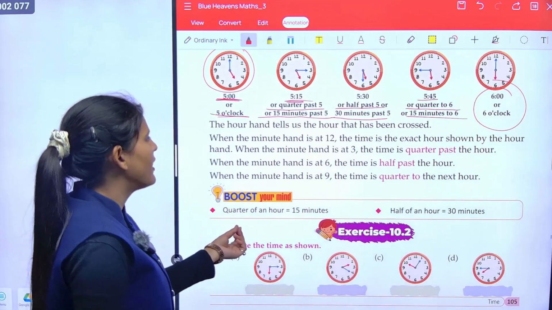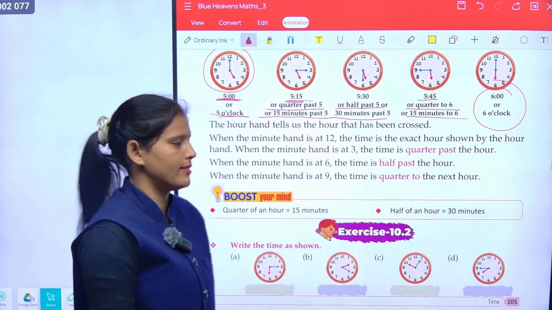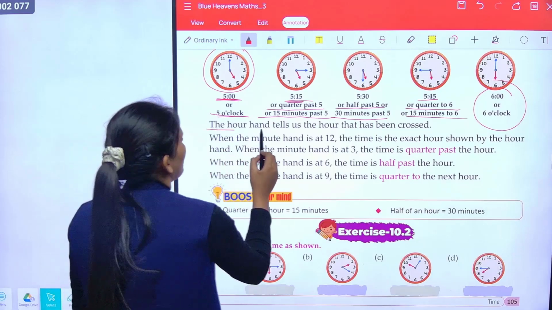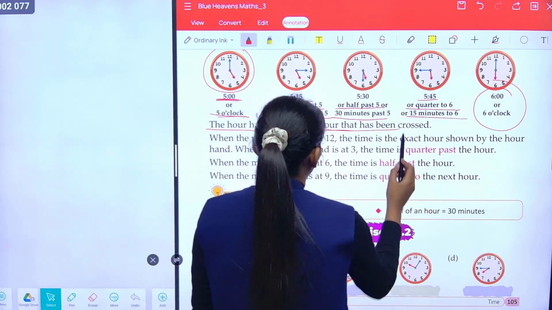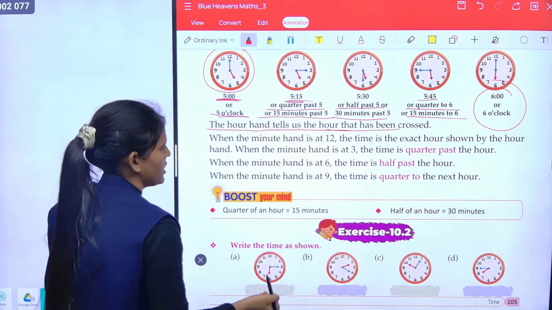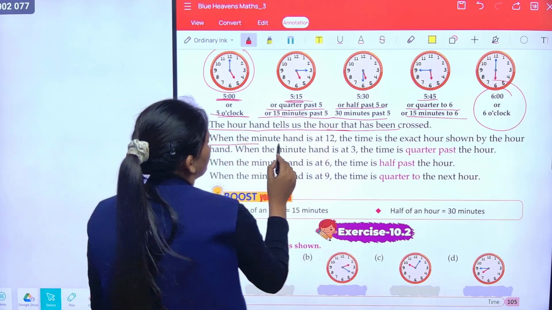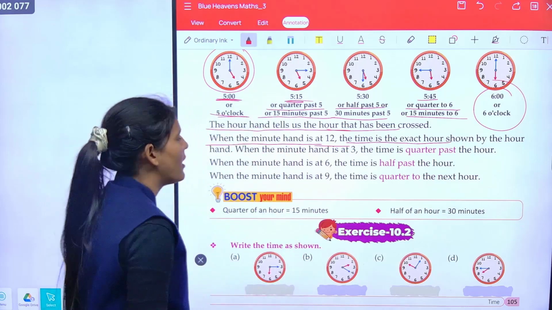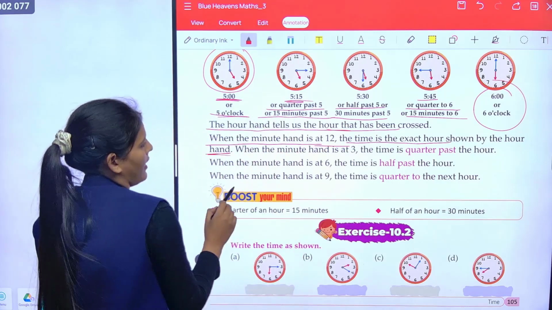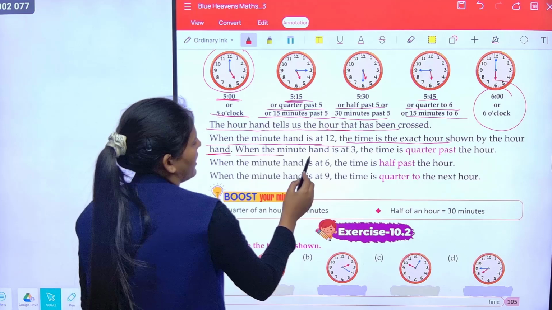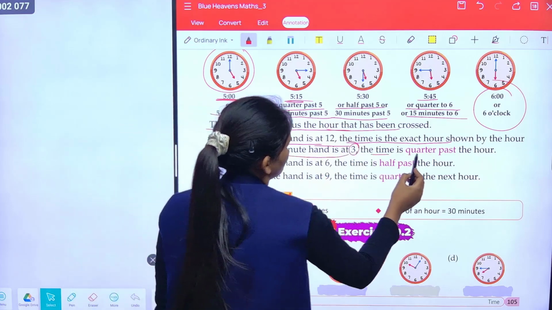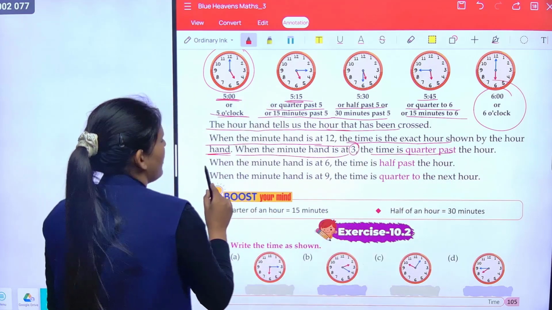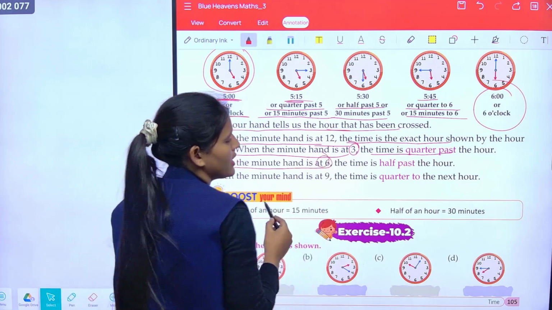Okay, we can write the time in many ways like this. The hour hand tells the hour that has just passed. When the minute hand is at 12, the time is the exact hour shown by the hour hand. When the minute hand is at 3, the time is quarter past the hour. When the minute hand is at 6, जब 6 पे होगा वो क्या होगा?